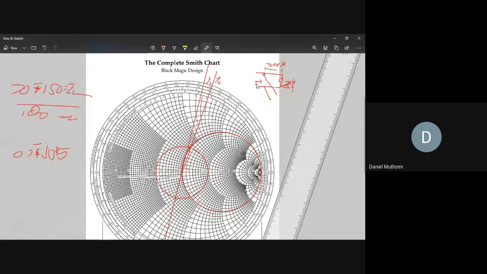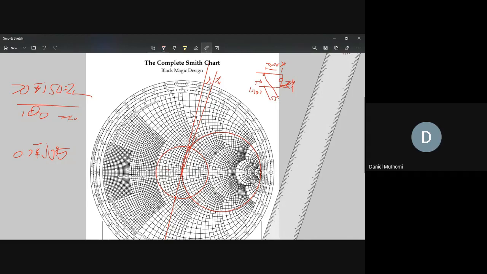So it will definitely be 1, because in the chart G equals 1 circle, and then the angle here will be 0.7, 1 plus j0.7.